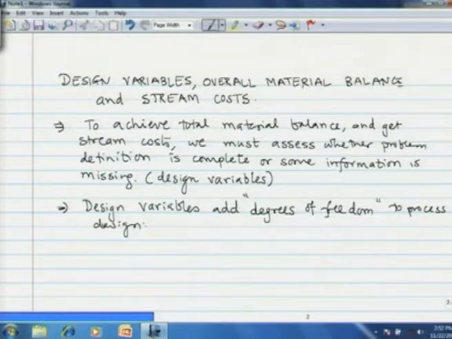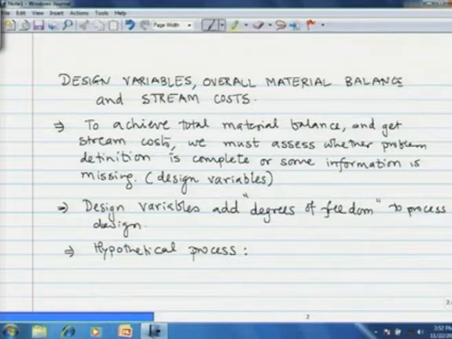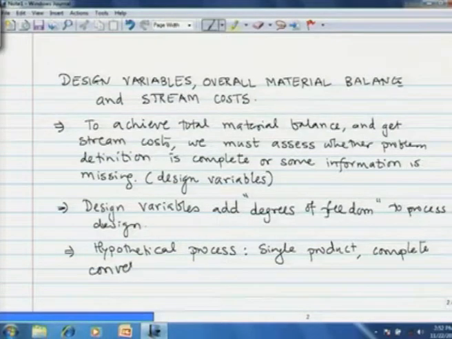Now, consider a hypothetical process in which there is a single product generated from one or more reactants and the conversion is complete. Now, in such cases, there is no freedom of designing a process.